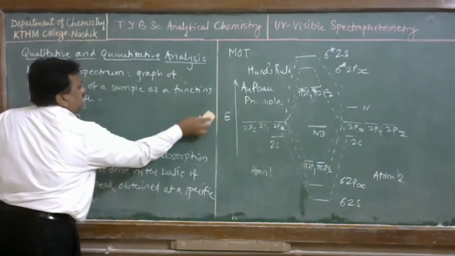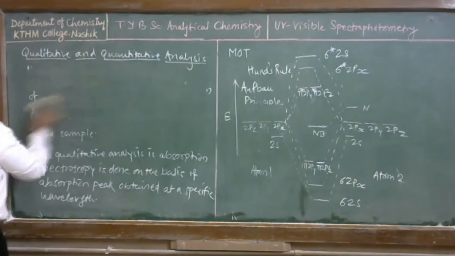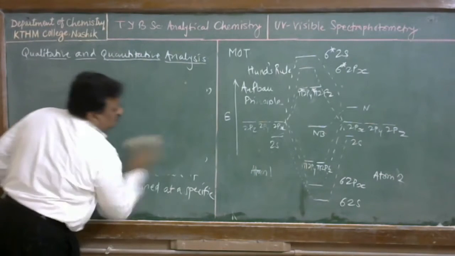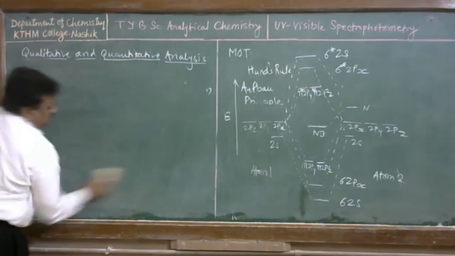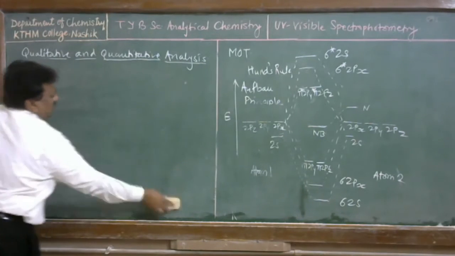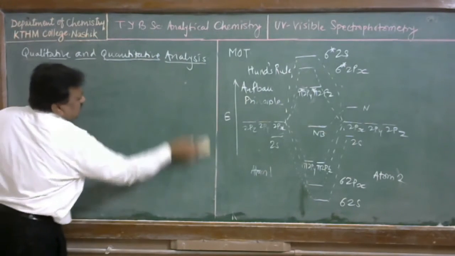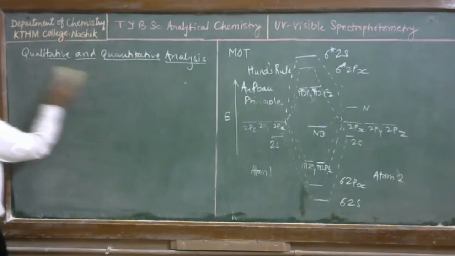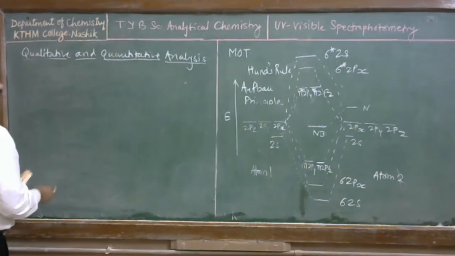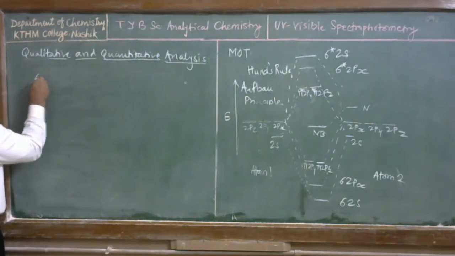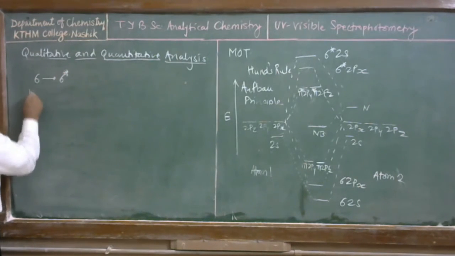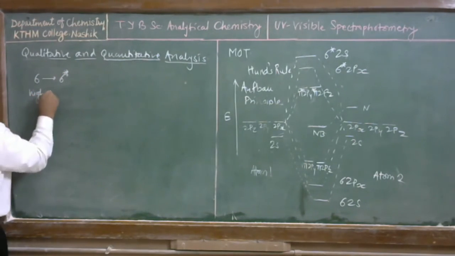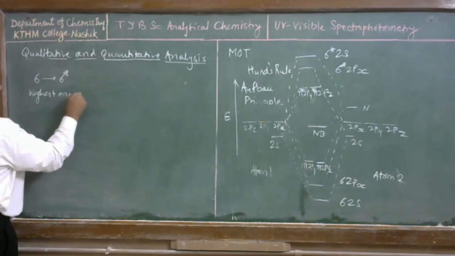From this figure it is observed that the sigma to sigma star transition, that is sigma 2s to sigma star 2s, requires the highest energy.